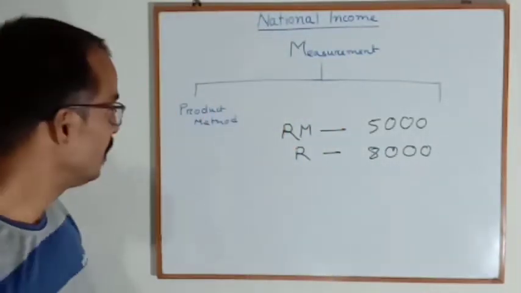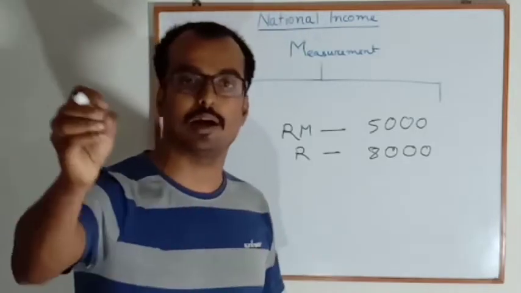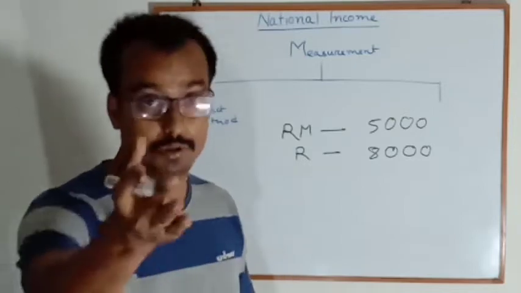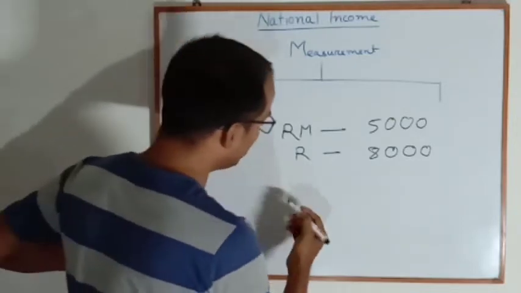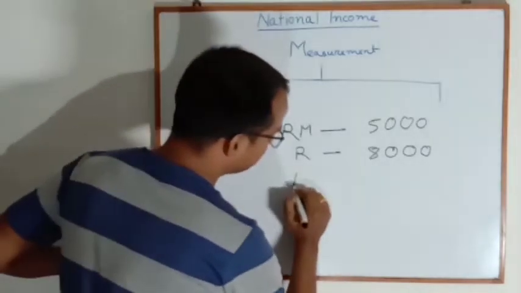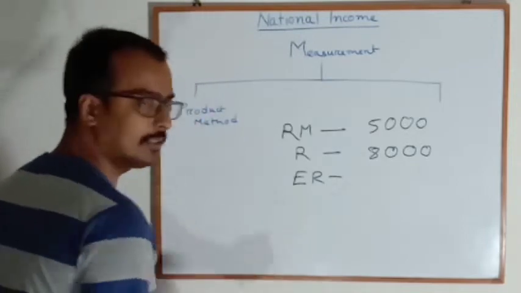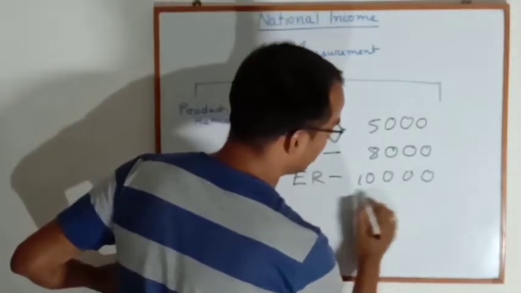Now that rubber will be purchased by Camel or other companies for making erasers which you use in your geometry box, and that eraser is sold at a price of rupees 10,000.